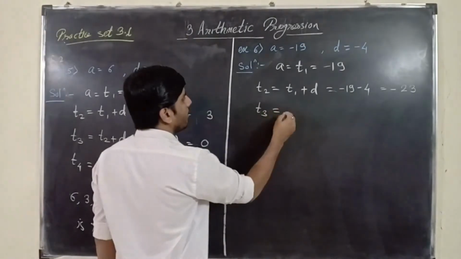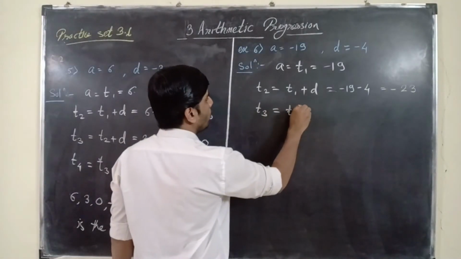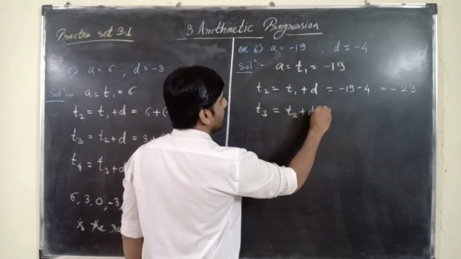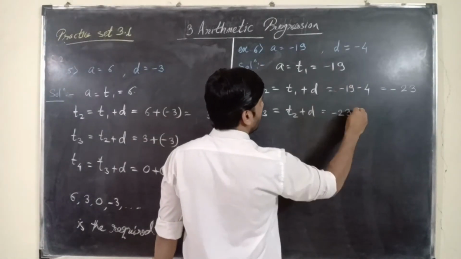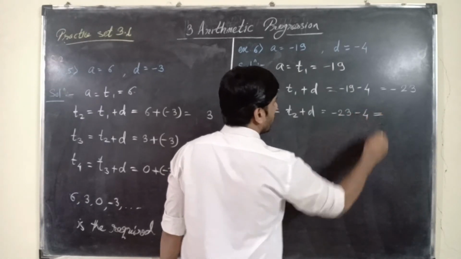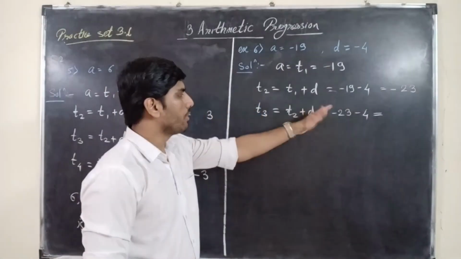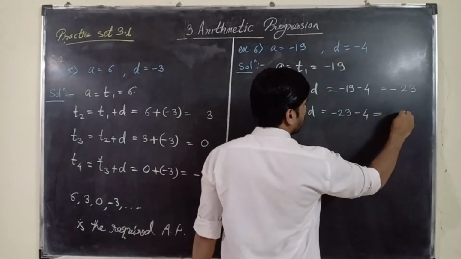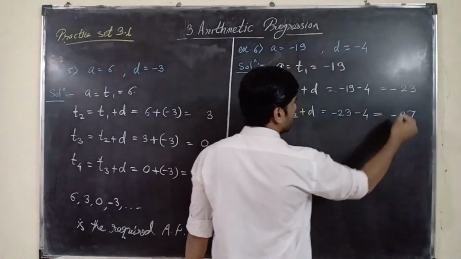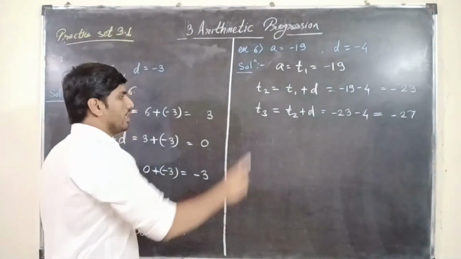We will find T3, which is equal to T2 plus D. Second term is negative 23 and common difference is negative 4. Both numbers are negative, when signs are same, then addition will take place. 23 and 4, this addition is 27 and greater number sign, so T3 is negative 27.